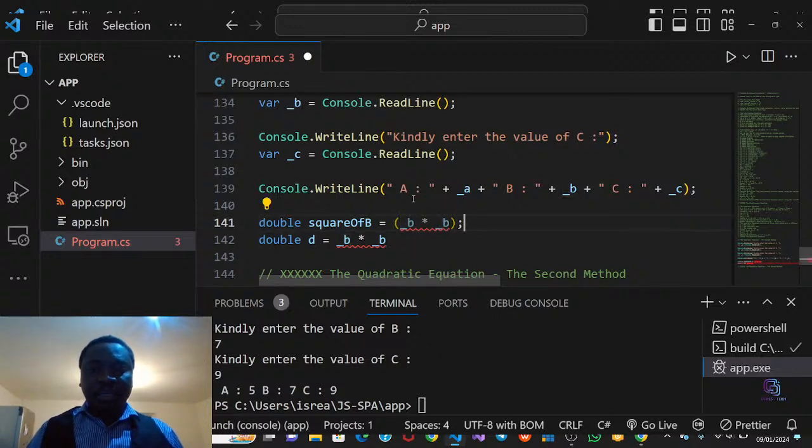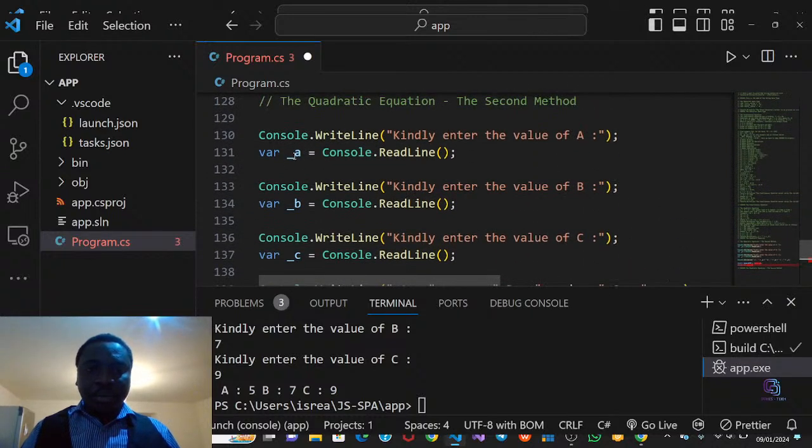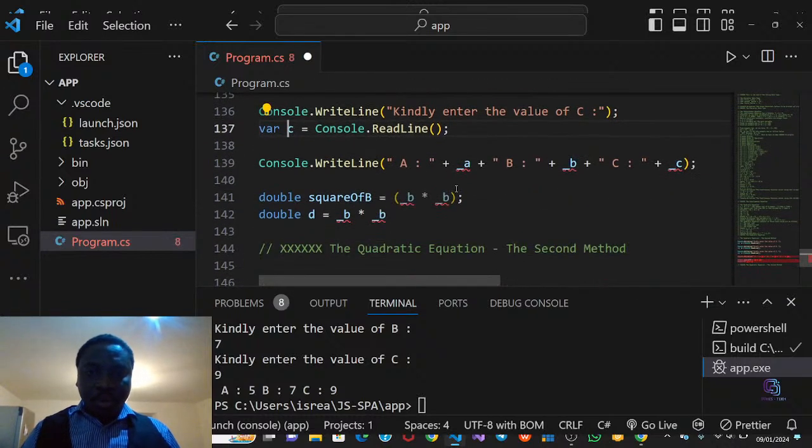Since we have commented our b, just take away this underscore a, underscore b. We've commented them out, then all you have to use is typically our a, our b, and our c. So it will not be b times b.